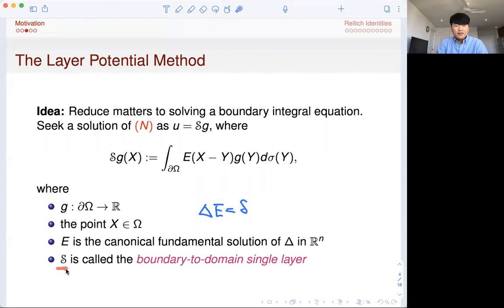This operator S is called the boundary-to-domain single layer potential operator. This is because the function g is defined on the boundary, and if we take the single layer, this is going to be defined in the domain.